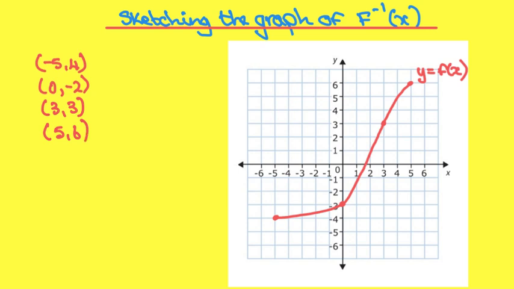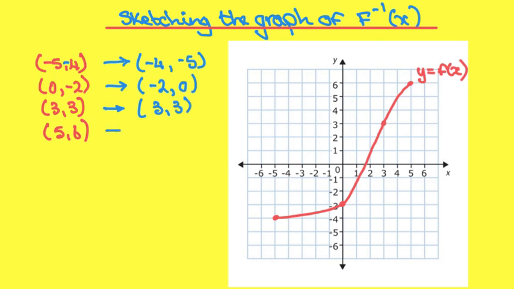So the domain becomes the range and the range becomes the domain. So minus 5, minus 4 becomes minus 4, minus 5. 0, minus 2 becomes minus 2, 0. 3, 3 becomes 3, 3. And 5, 6 becomes 6, 5.